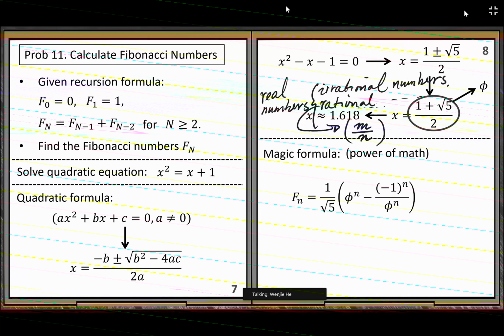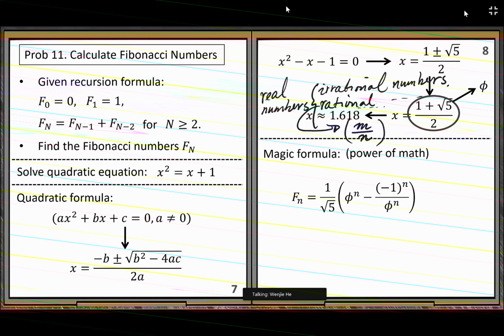You raise that irrational number to the nth power, then you subtract another special irrational number, and after that you divide by √5. Suddenly, you get a nice integer, a Fibonacci number. That's the reason this formula is so special. So special.